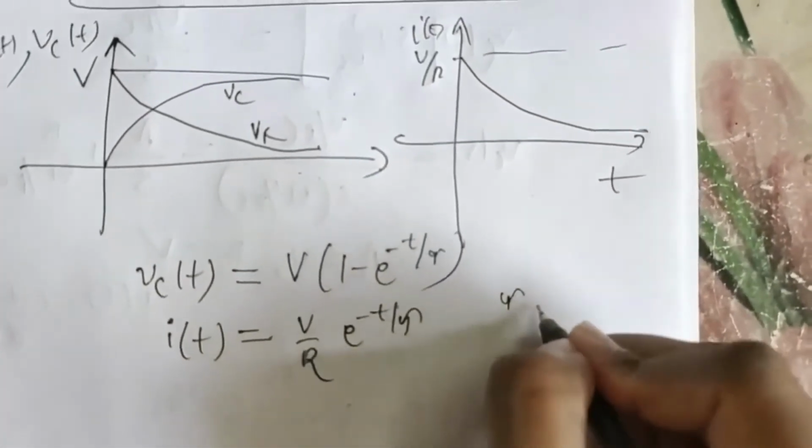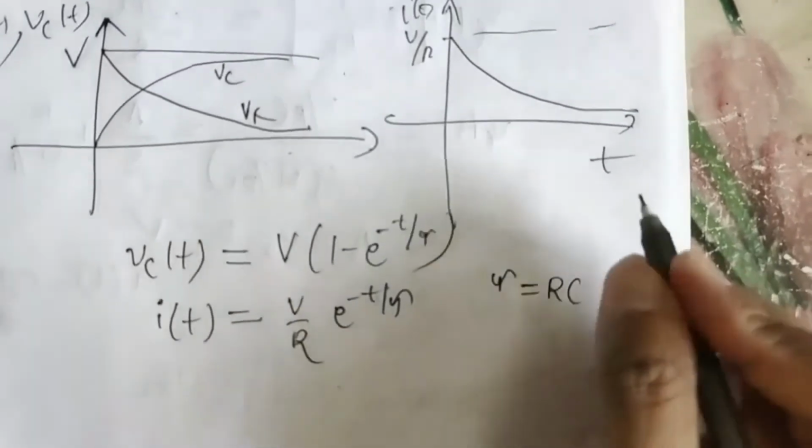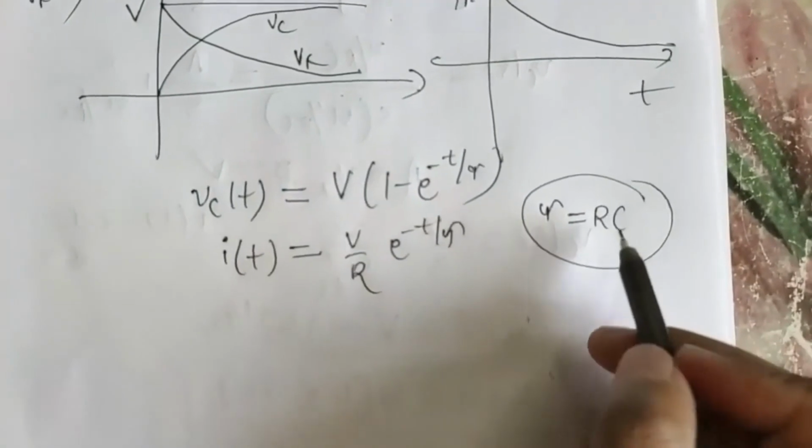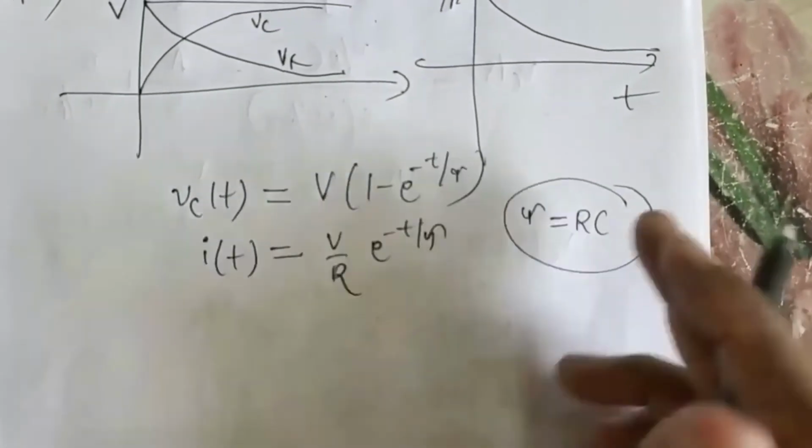Here tau is the time constant of the series RC circuit, which is RC. Let us now see the significance of this time constant.